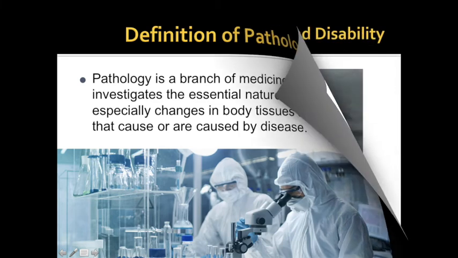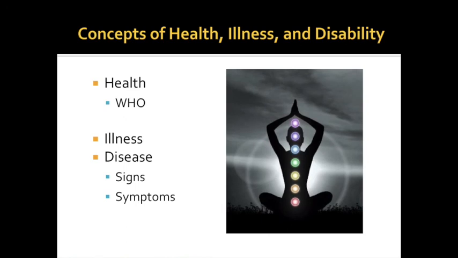So, what exactly is health? If you want, pause the lecture and think about that. What do you define health as? The WHO defines health as a state of complete physical, mental, and social well-being.